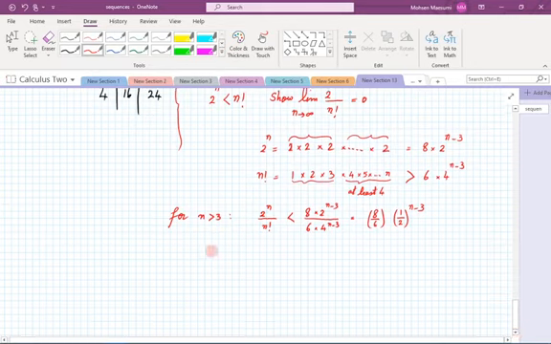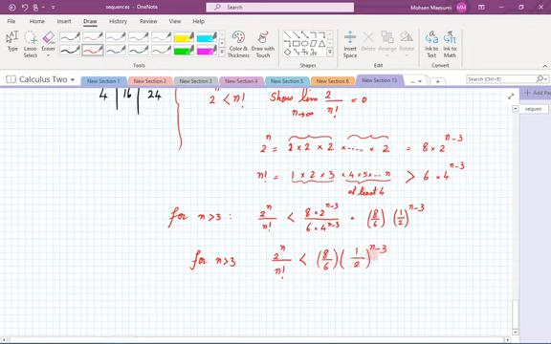This is a result that we are going to use often. So let me summarize. For n larger than 3, 2 to the power of n over n factorial is less than 8/6 times 1/2 to the power of n minus 3. Well, what does that tell us?